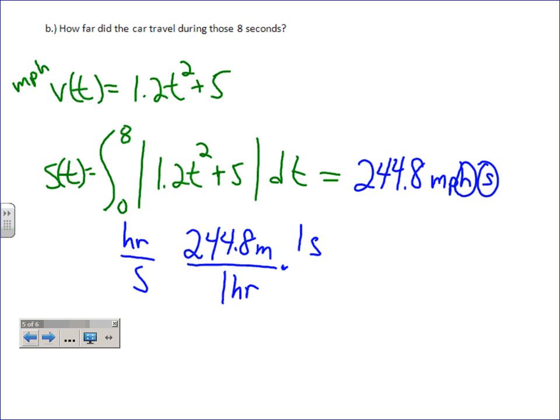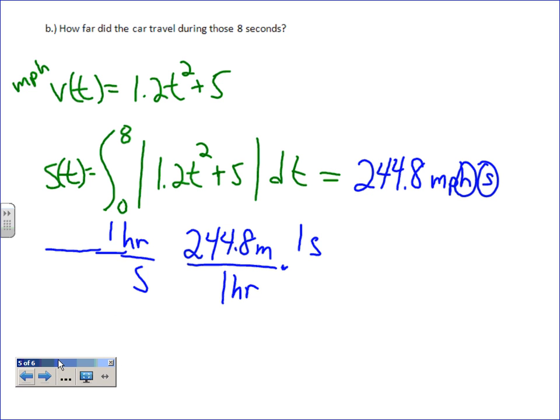So we have to somehow relate those. 1 hour is how many seconds? 3,600. Thank you. Take 60 times 60. Now do all the labels cancel and leave me with what I want? Does it leave me with miles?